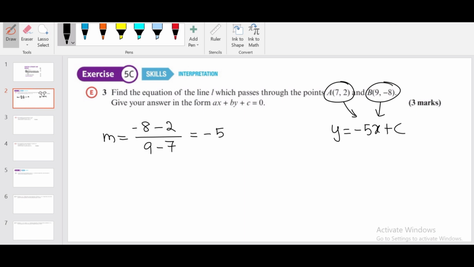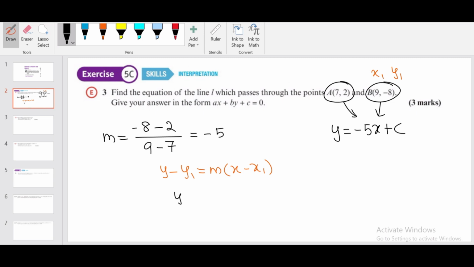That's one method. Or you can first pick any one of the points. For example, I'm picking this point. Take it as x1, y1, and the equation is y minus y1 is slope times x minus x1. That means you are straight away finding c by subbing the point.